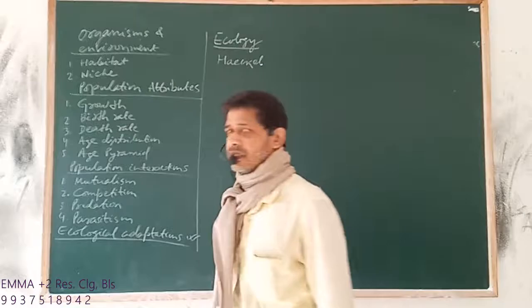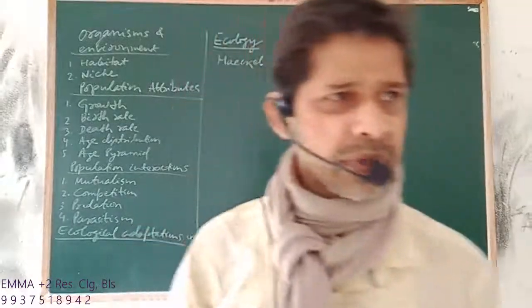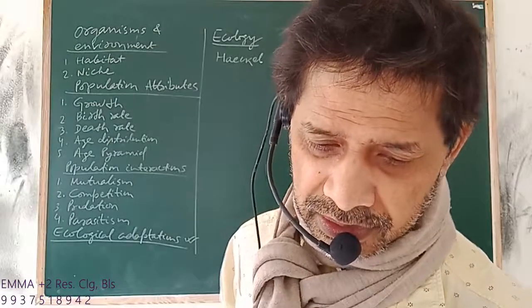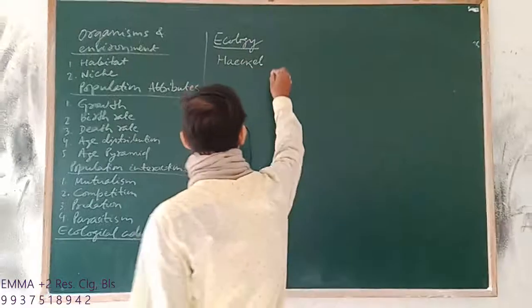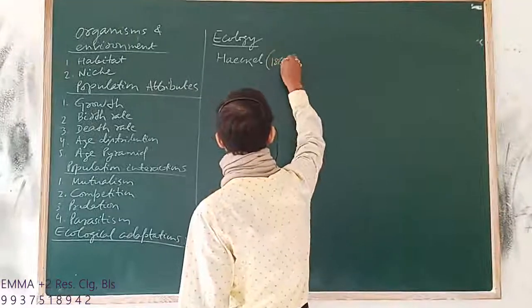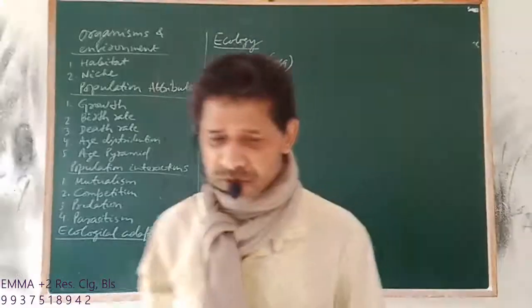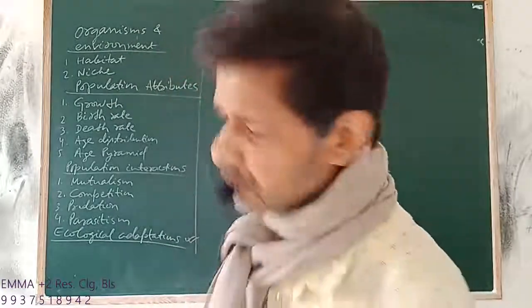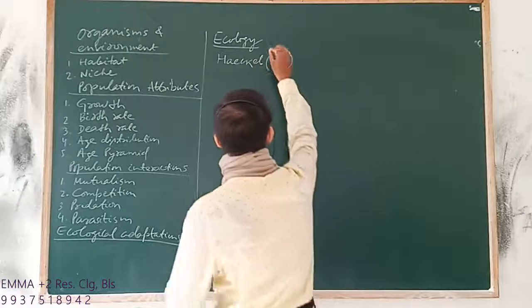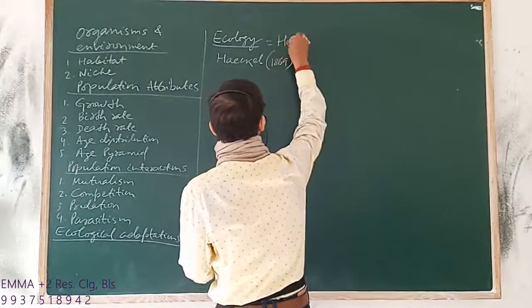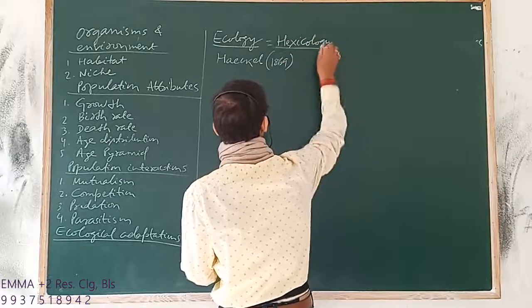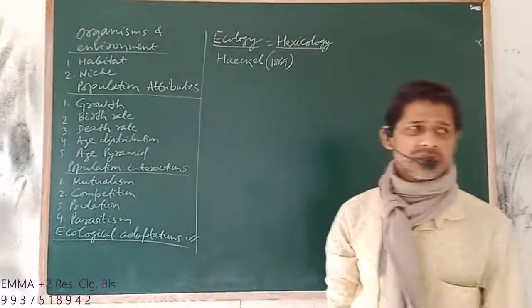You know Haeckel's biogenetic law from evolution. So that Ernst Haeckel in 1869 first used the term ecology, and the equivalent term for ecology is oekology, otherwise called ecology.